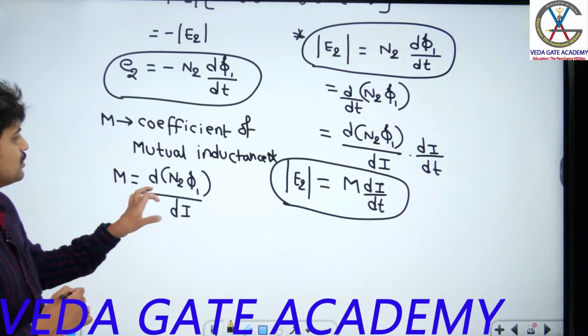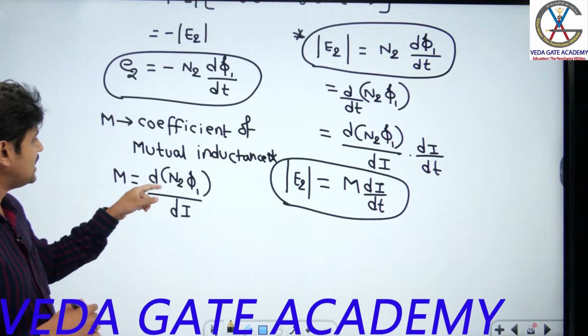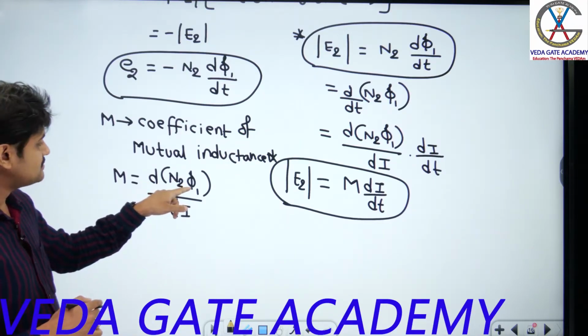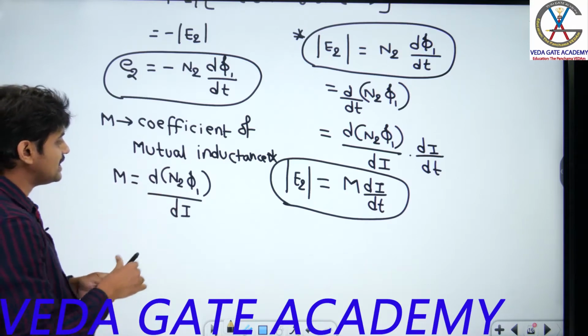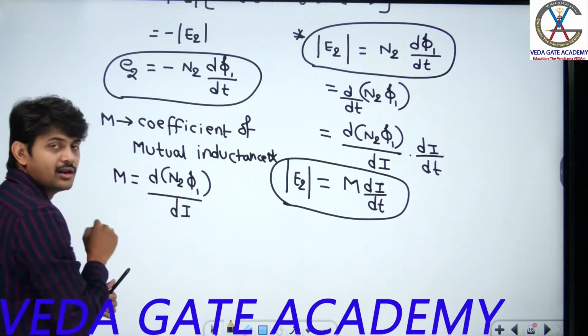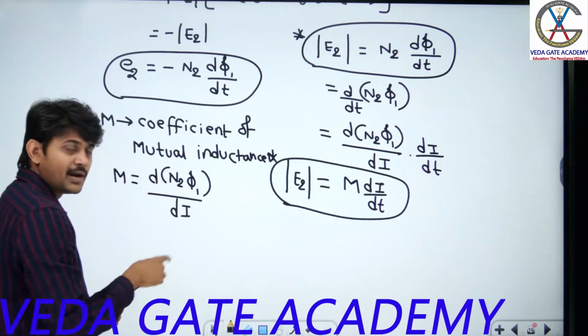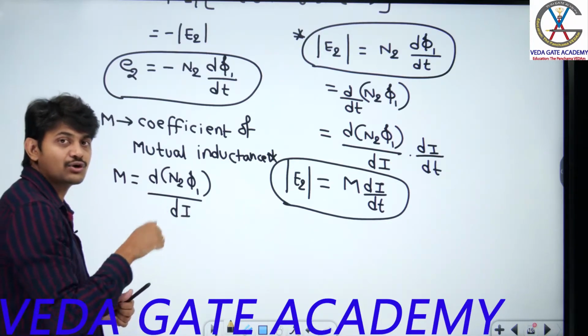The meaning of dN2phi1 by di is the change in flux linkages in a coil. Which coil? It is the rate of change in flux linkages in the second coil, because of change in current in which coil? First coil.